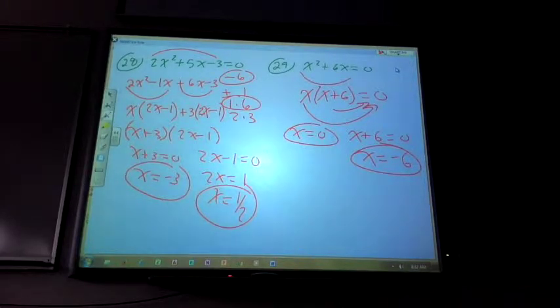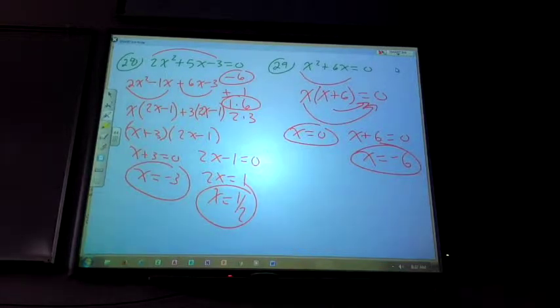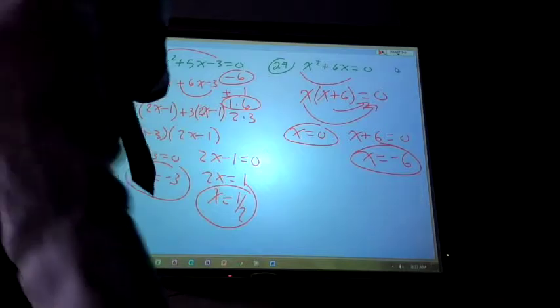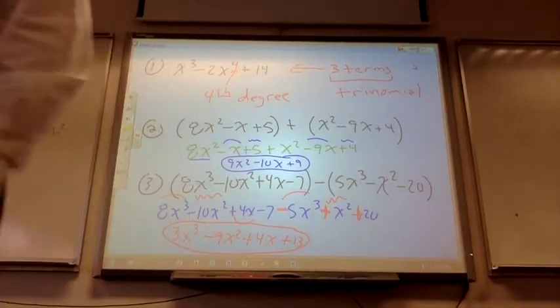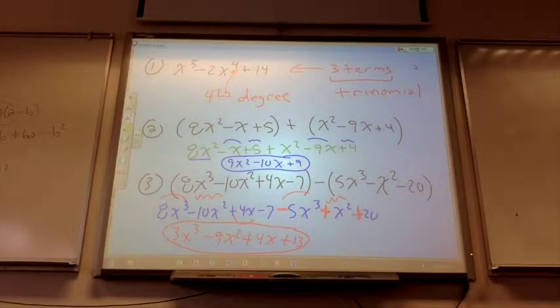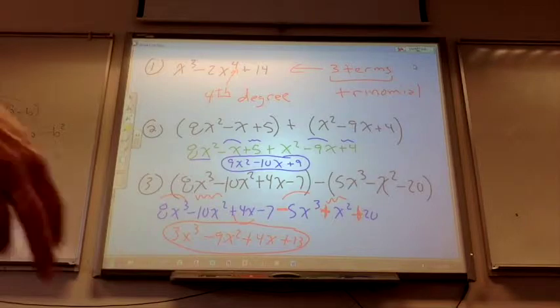While you guys are working along with it, I will put up a couple of problems all at once. So if you need to take a picture, come grab a picture of it. And it is recorded.